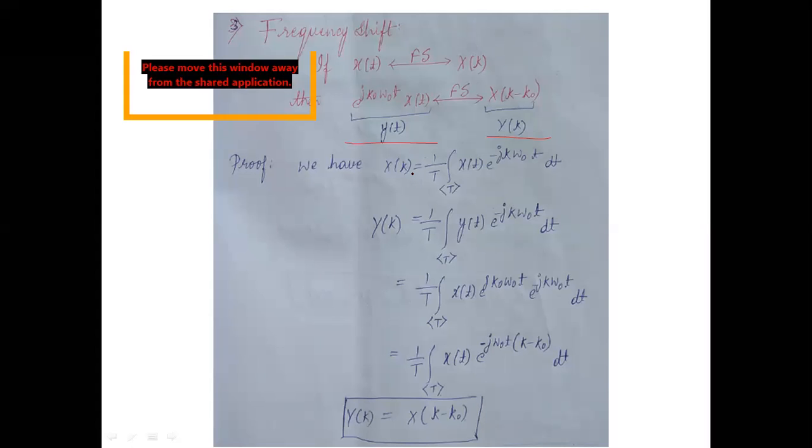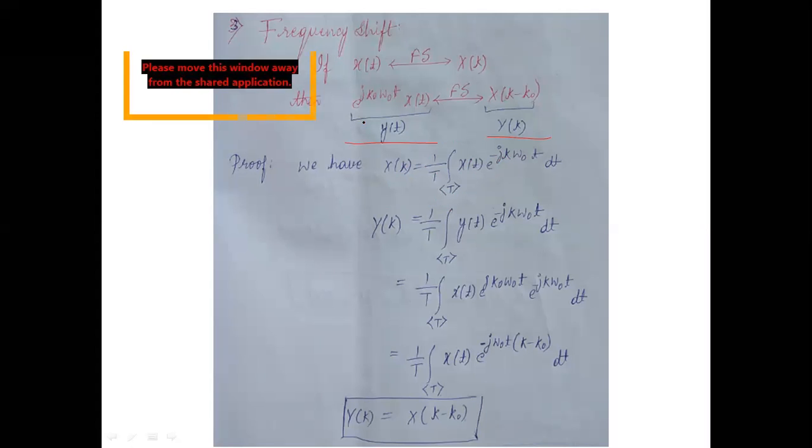So let us consider the expression for the Fourier series coefficient. Whatever you studied about the time shift property, this is just the inverse of it. X of k is 1 over t integral over 1 period x of t into e raised to minus j k omega naught into t.